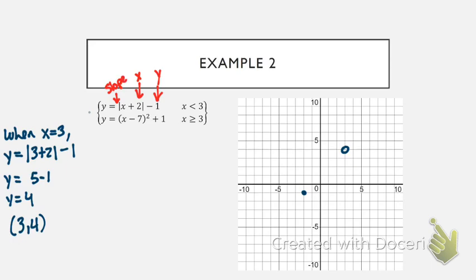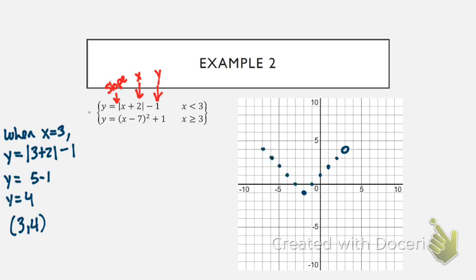So if I don't have a designated slope out there, I know it has a slope of 1. So a slope of 1 just means we go up 1 over 1 in both directions.